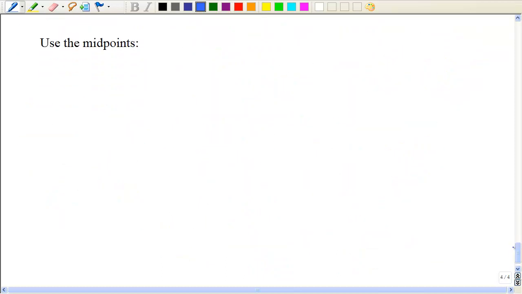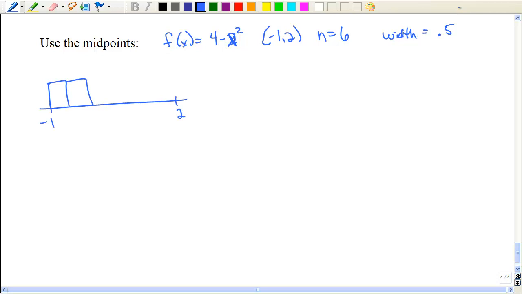Now we're going to do the exact same thing except using the midpoints. So remember we have our function, sorry that's 4 minus x squared, from -1 to 2, and n is 6. So remember the width hasn't changed, it is 0.5. But if we look at these 6 rectangles, and again remember those aren't all the same, instead of using the left or the right, we want to use the midpoints. Now the midpoints are still equally spaced at 0.5, we just have to find the first midpoint.